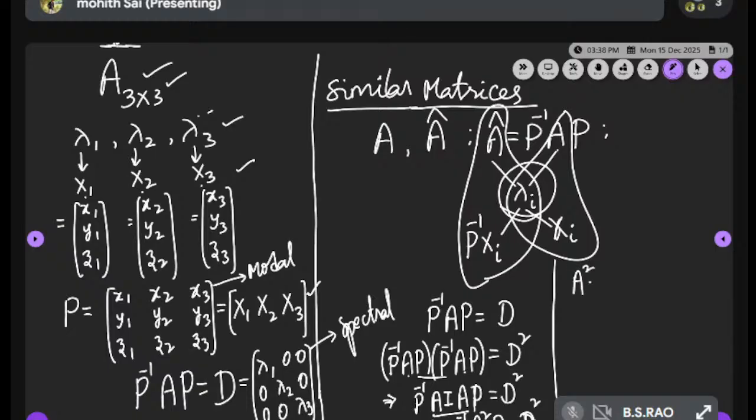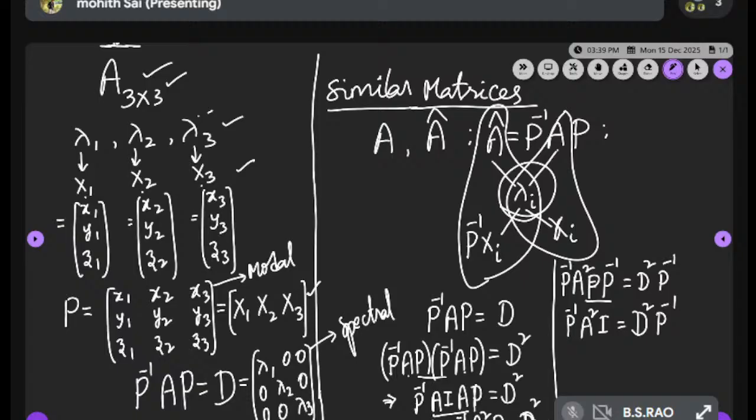P inverse A square equal to D square, write P inverse on the right: P inverse A square P P inverse equals D square P inverse. These two will become I. P inverse A square I equals D square P inverse.